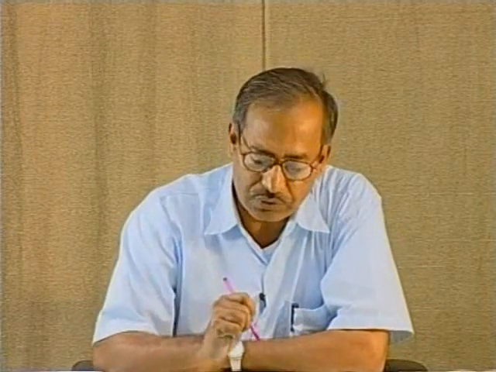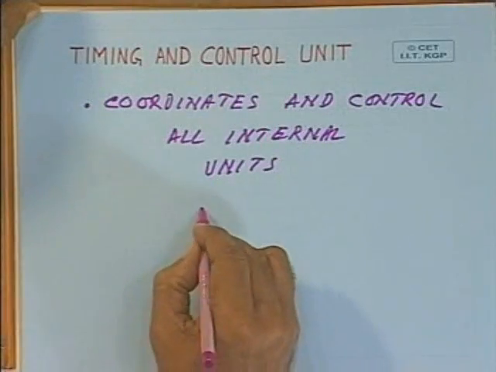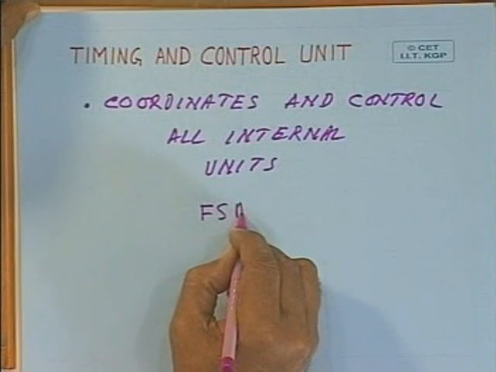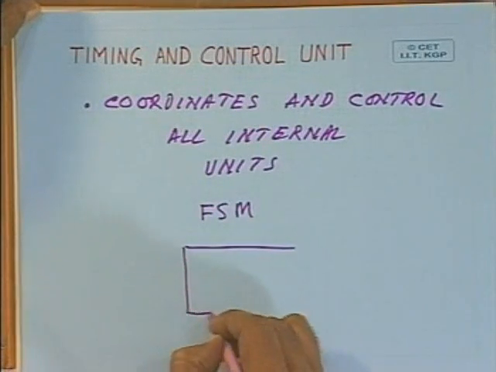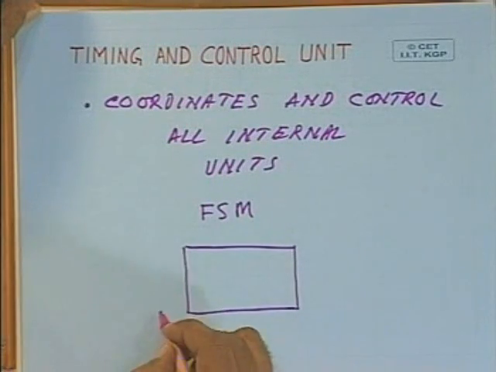Not only that, timing and control unit also controls the external world. It receives some signal from the external world and also generates control signals. Later on, we will see that timing and control is nothing but a finite state machine, FSM. This is the general block diagram of an FSM.